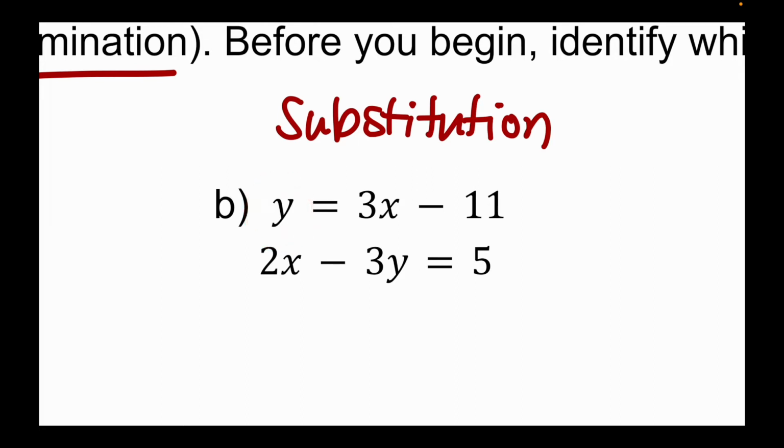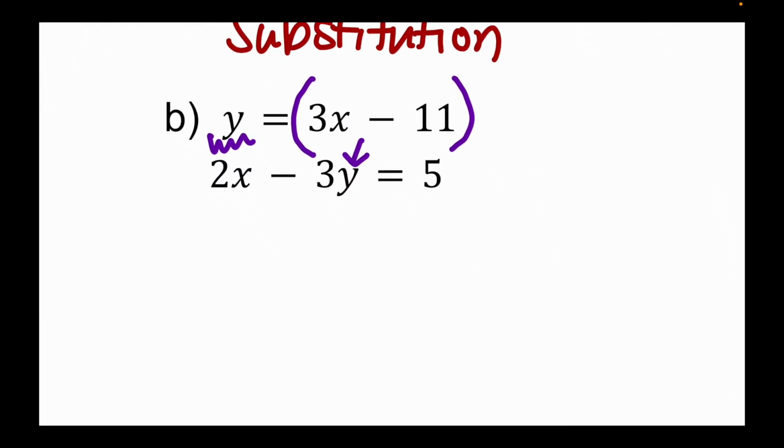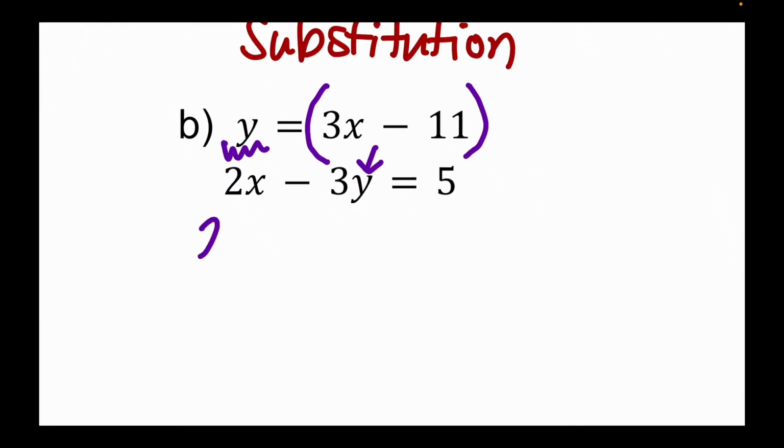That means when I have something solved for a single variable, I am going to take whatever it's equal to, stick parentheses around it, and say, okay, wherever I can see this y in my next equation, which is right here, I'm going to put 3x minus 11 instead. So we get to rewrite this as 2x minus 3, but instead of y, we have that stuff in the parentheses, and it's still going to equal 5.